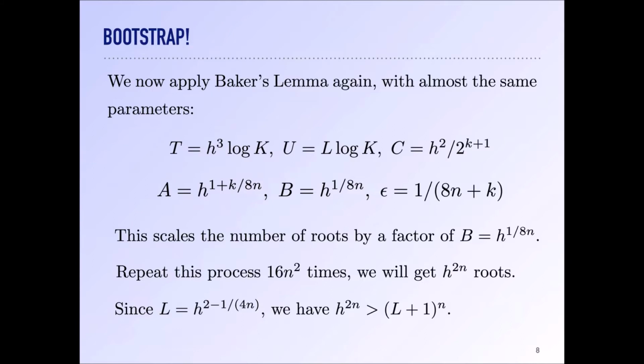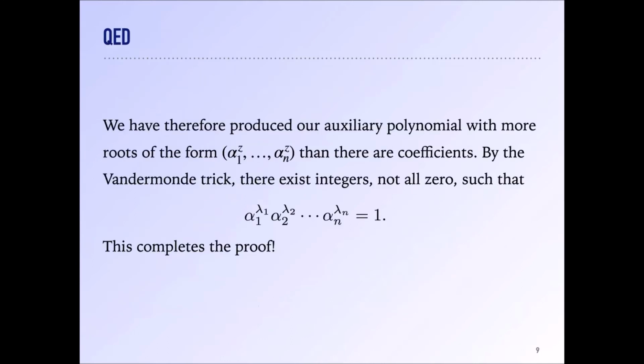And then eventually you'll get h to the 2n roots, okay? And since L was h to the 2 minus 1 over 4n, we have h to the 2n is greater than L to the n, which gives us more roots than we had coefficients. And we can then apply our trick about Vandermonde. So we've produced our auxiliary polynomial with more roots.